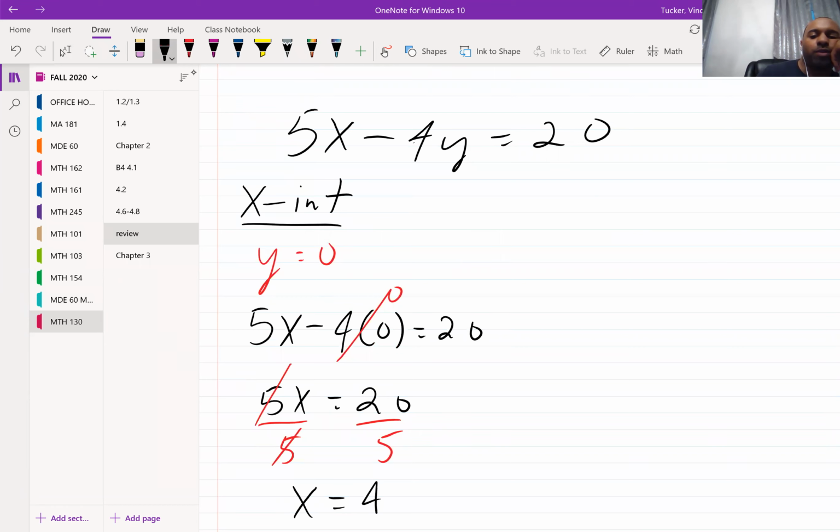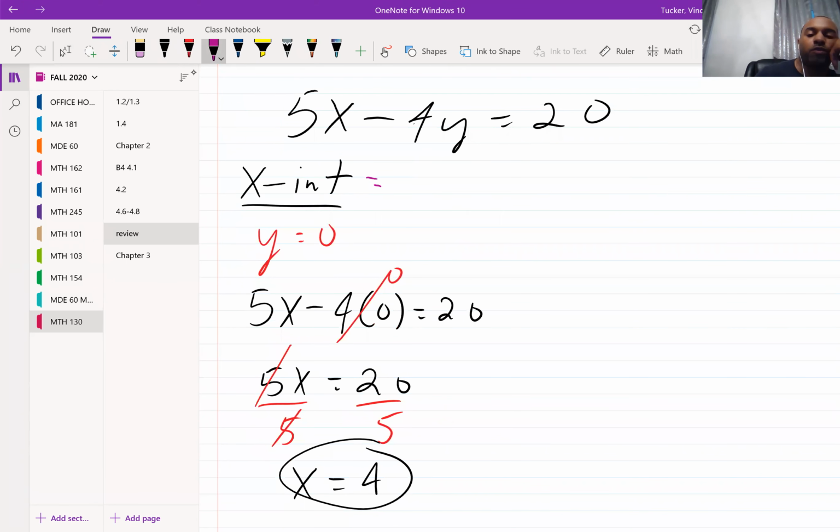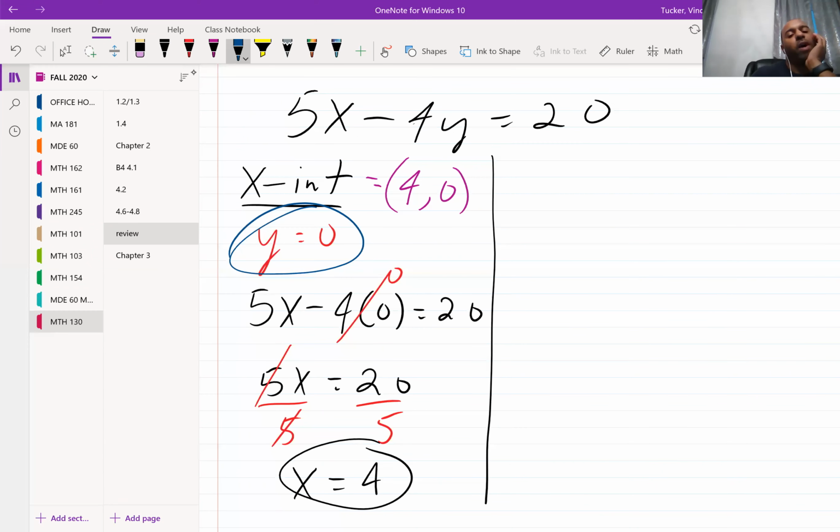X is equal to 4. So the ordered pair for my x-intercept is going to be 4, 0. This y equal to 0 is going to be characteristic of all x-intercepts. No matter what type of problem you're dealing with, you always start off by letting y be equal to 0.